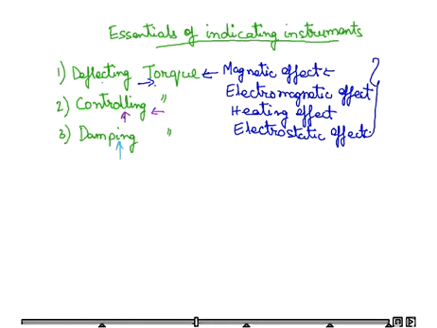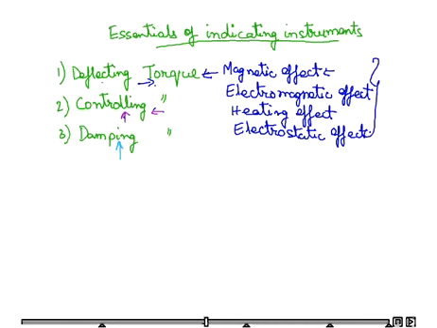Now we will talk about damping torque. When deflecting torque is applied to the moving system, it deflects the pointer, whereas the controlling torque controls the deflection and tries to stop the pointer at its final position where deflecting torque is equal to controlling torque.